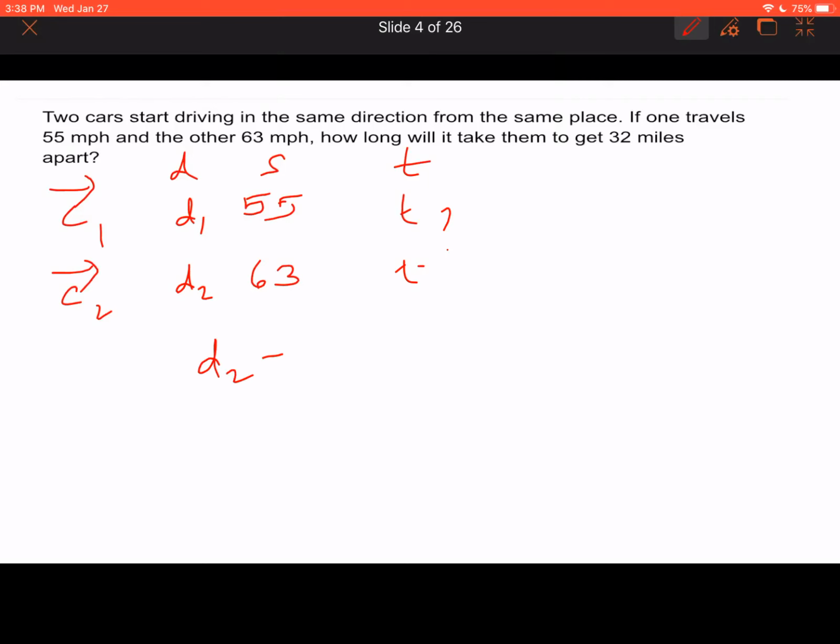So d2 minus d1 is equal to 32 miles. So d2 is 63t minus 55t, which is equal to 32. When we solve it, it is going to be 4 hours. It is as simple as that. We'll move on to the next problem.